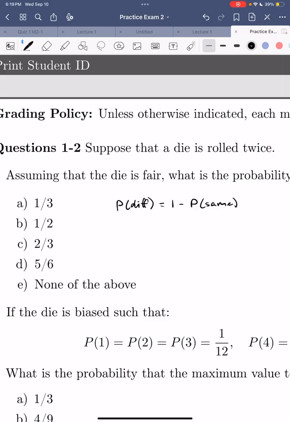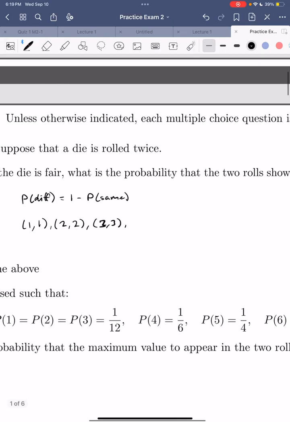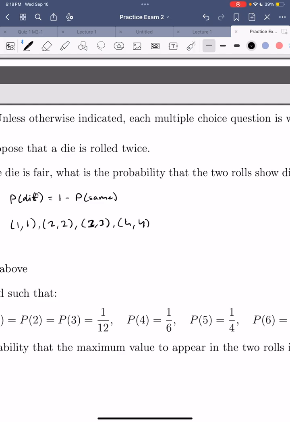If we look at different combinations, there are 6 different combinations of the die having the same number, which are if it's 1, 2, 3, 4, 5, 6. Now that we know that, we can solve this problem.